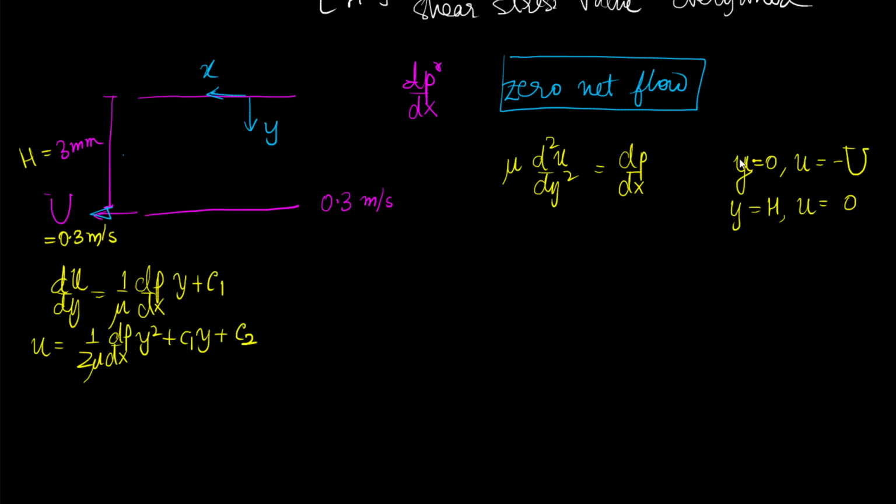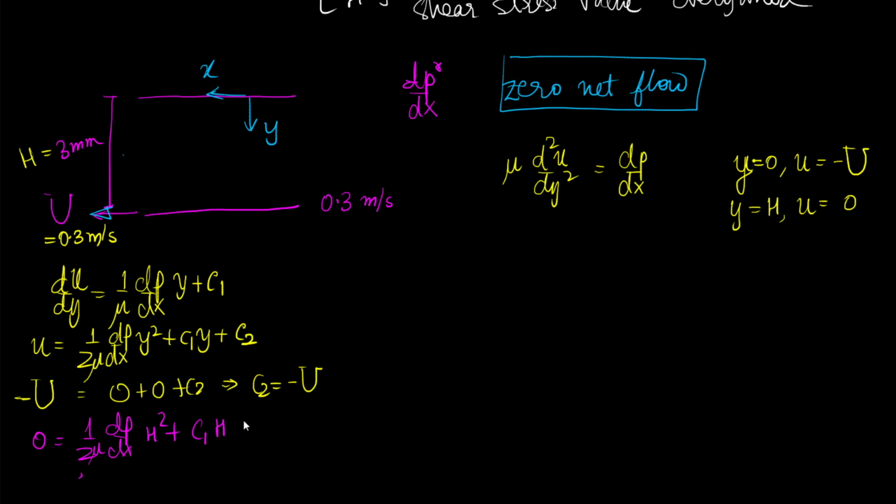Using the first boundary condition, at y equal to 0, u equal to minus U, so minus U is equal to 0 plus 0 plus c2. So c2 is equal to minus capital U. Using the second boundary condition, 0 is equal to 1 upon 2 mu dp dx h square plus c1h plus c2, where c2 is minus U.